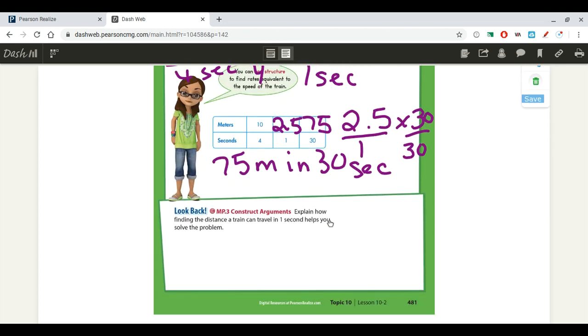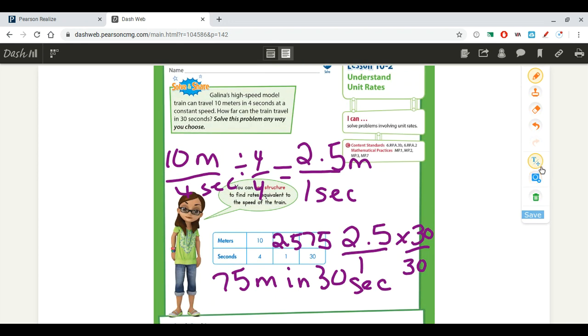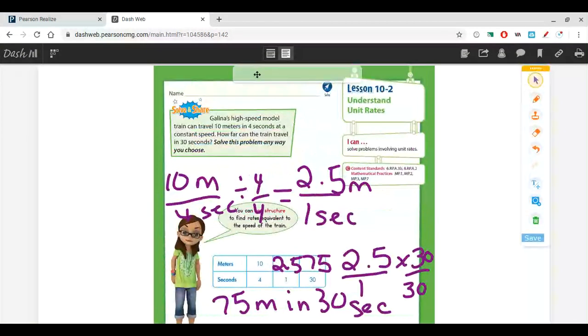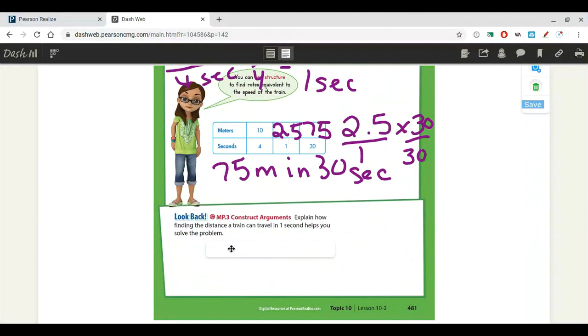Okay, so if we come down and we take a look at our construct arguments, it says, explain how finding the distance a train can travel in 1 second helps you solve the problem. So when we look at how it helps me to solve the problem, it'll come up here and I'll drag down my text box.